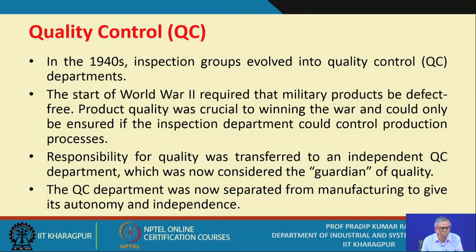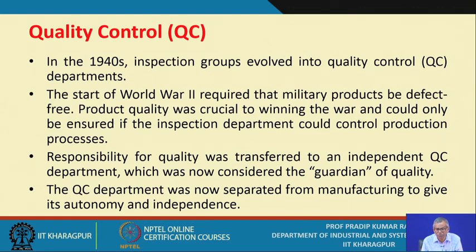Now, in 1940s, these inspection groups evolved into quality control departments. That means the first time we see that the organization is creating a separate department called quality control. The start of World War II required that military products be defect free.